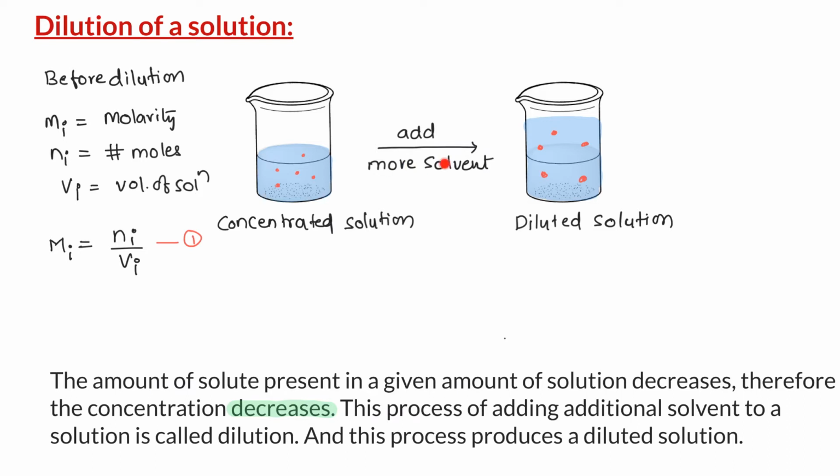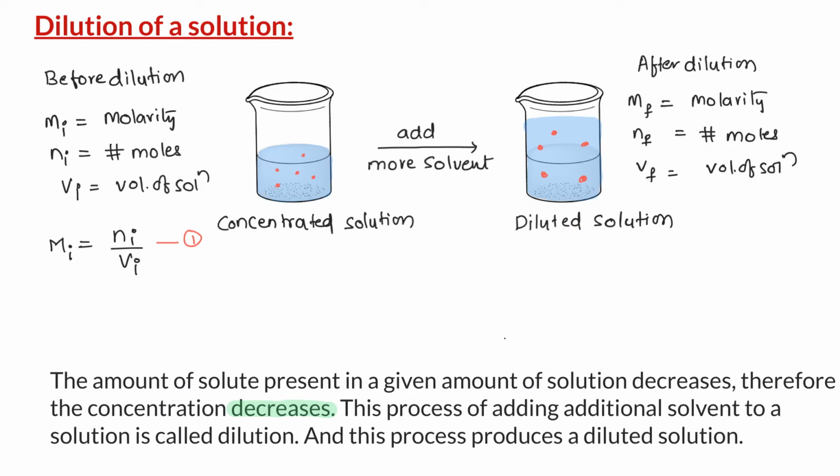After adding additional solvent, we get a diluted solution. Let's say for this solution, n final is the number of moles, V final is the volume, and M final is the molarity. And these three variables are related by the equation M final, that is molarity of the final solution, is equal to the number of moles of the final solution divided by the volume of the final solution.